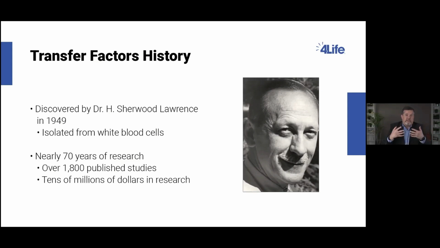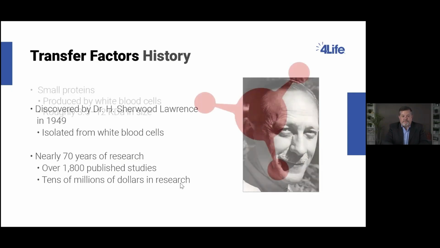And fast forward to today, now you've got over 70 years of research on these molecules and all the benefits they have. This counts to millions, probably hundreds of millions of dollars worth of research on these small little proteins that come from our white blood cells, the immune cells in our bodies.